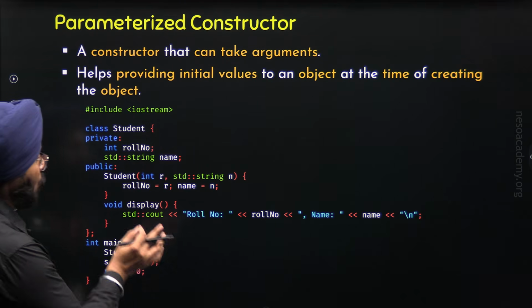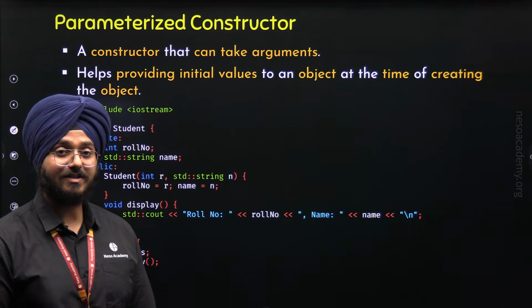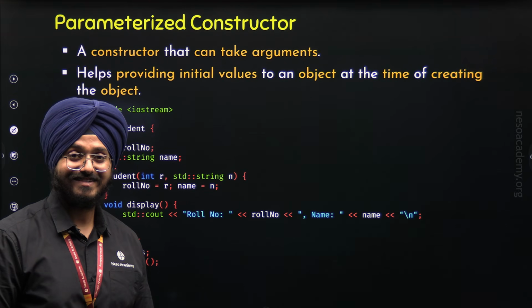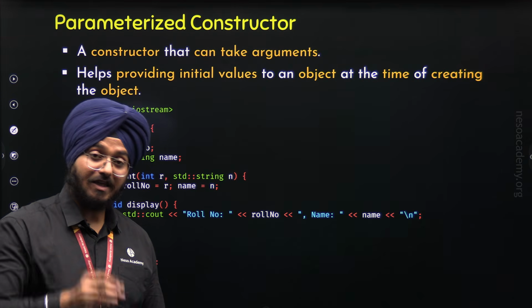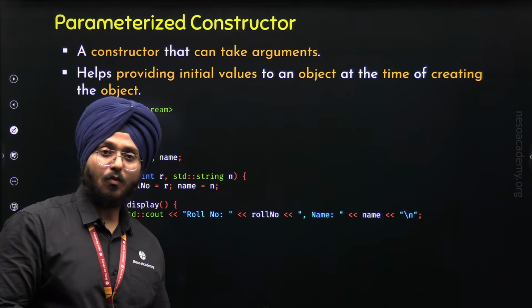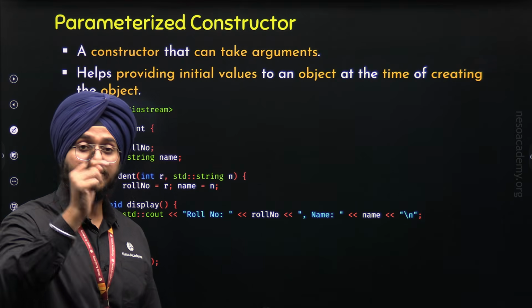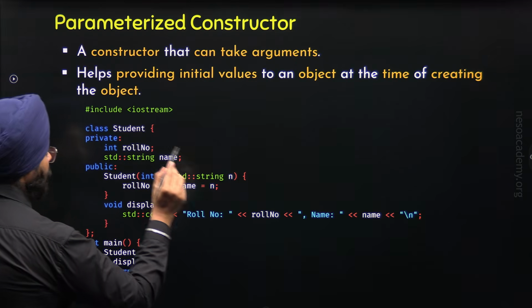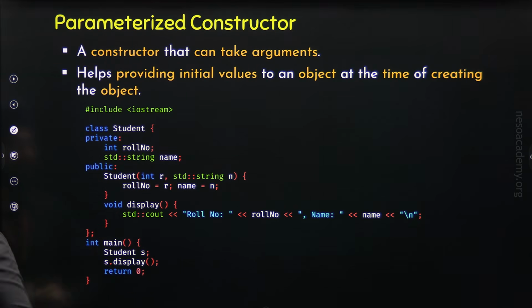Now, what do you think? What happens in this case? Does the compiler provide the default constructor to us? No. The answer to this question is no. Compiler will not provide the default constructor on its own. This is because we already have the parameterized constructor in our class.